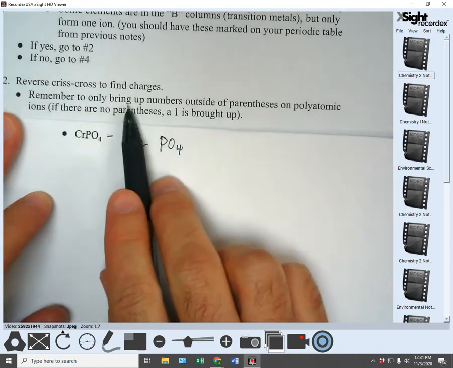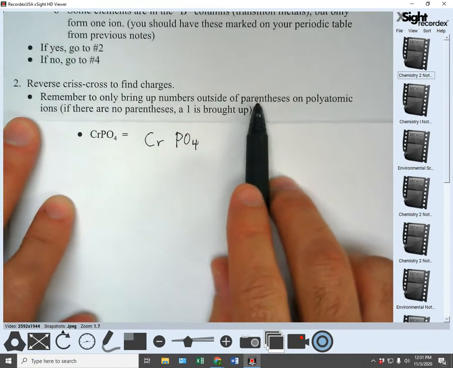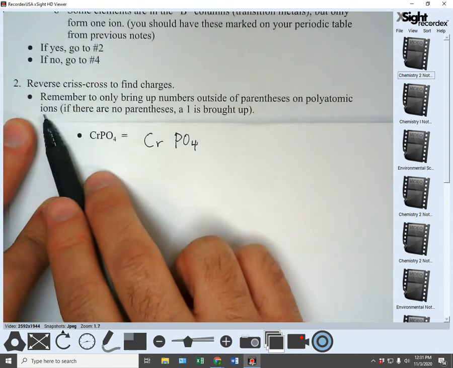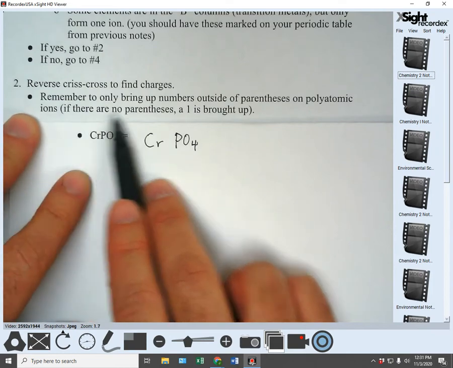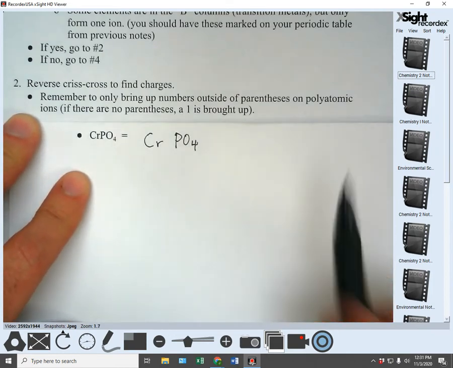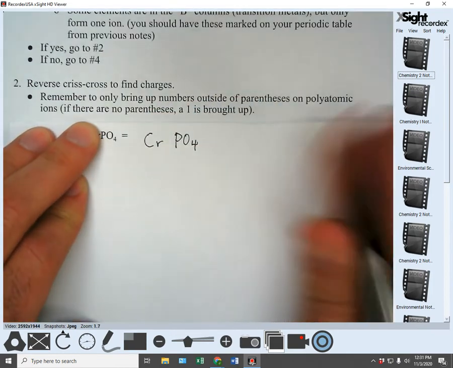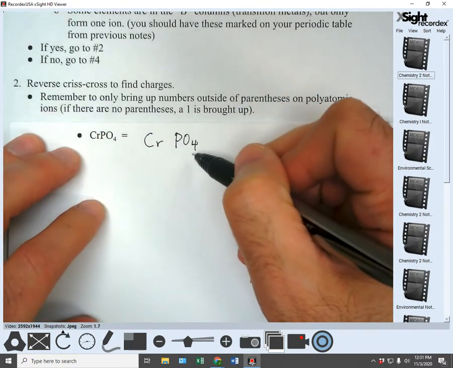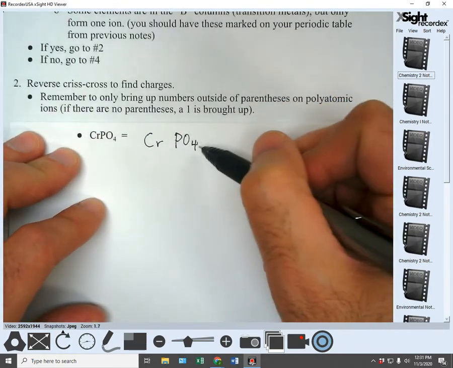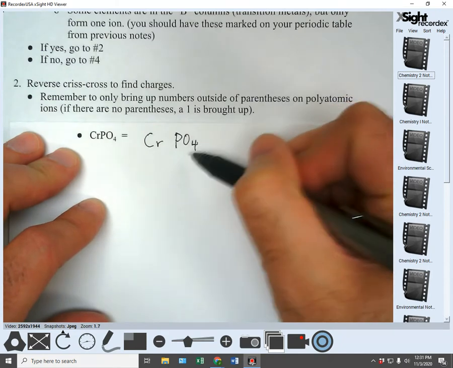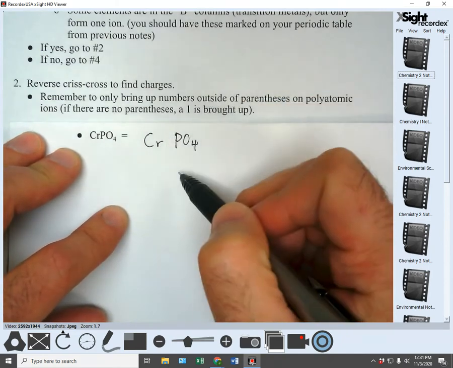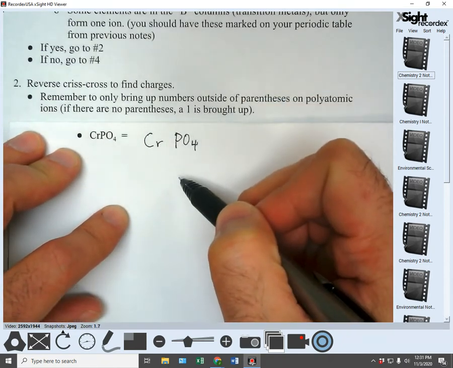Remember to only bring up numbers outside of parentheses on polyatomic ions. If there are no parentheses, a 1 is brought up. So here's why. PO4. That 4 is part of the polyatomic. It doesn't change. That did not cross down when you're making the formula. Okay.